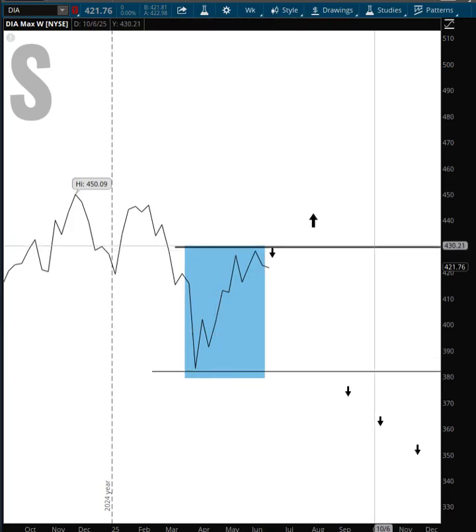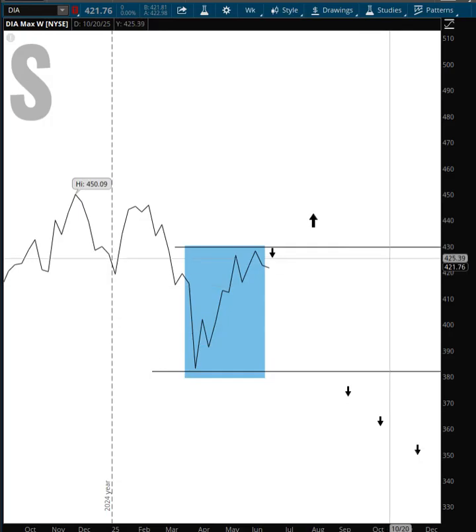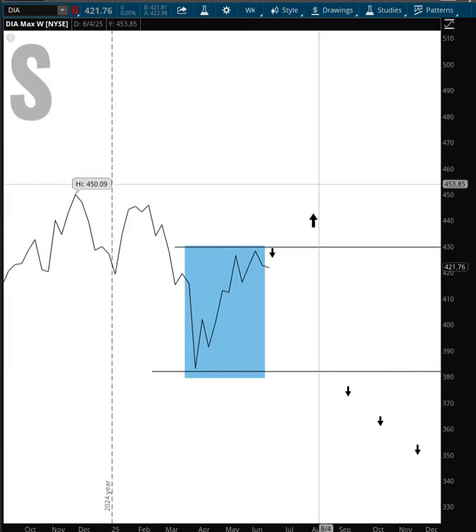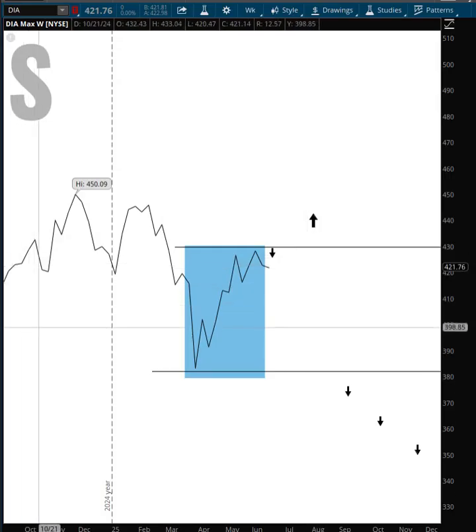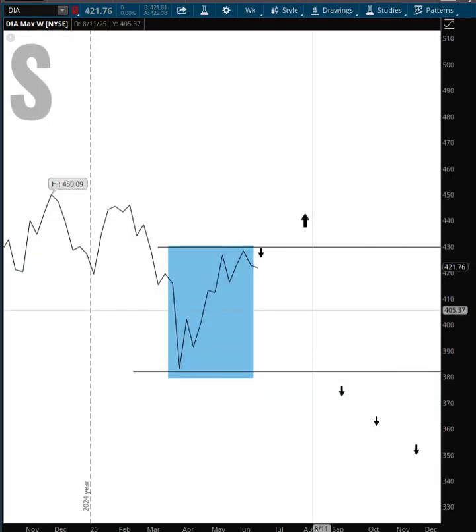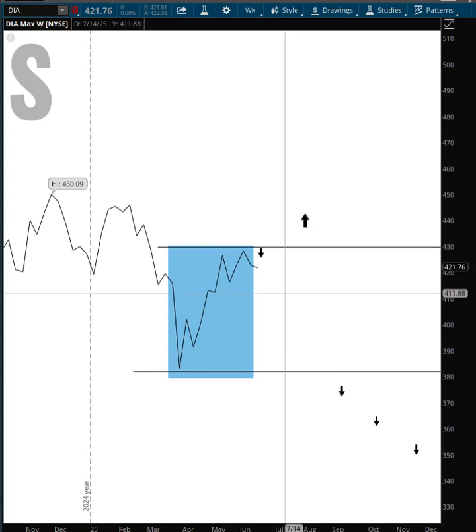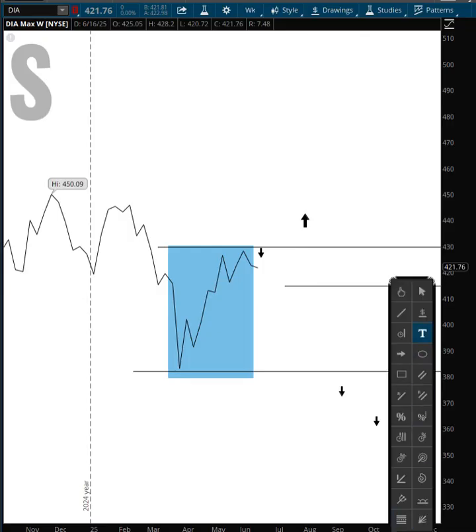Now, if we break the top, that means we go higher. If you break the bottom, that means we go lower. So we're in a tricky situation here, but you would probably want to focus on this. This is pretty clear. If the top remains here, then the price should continue to go down here.